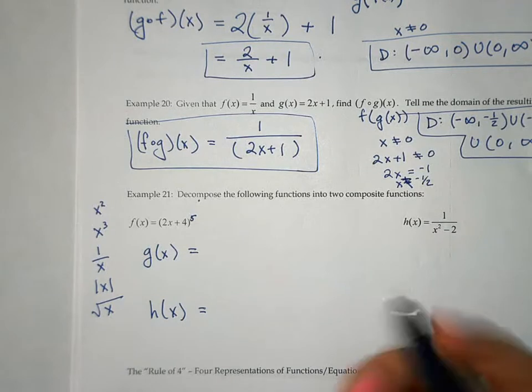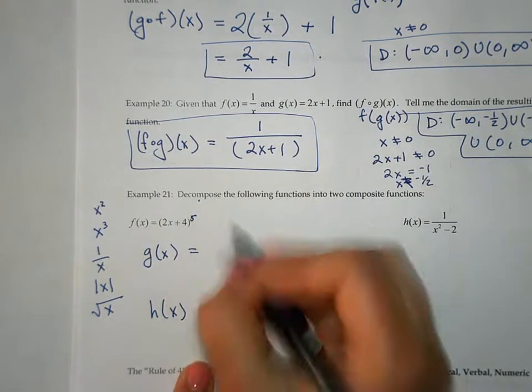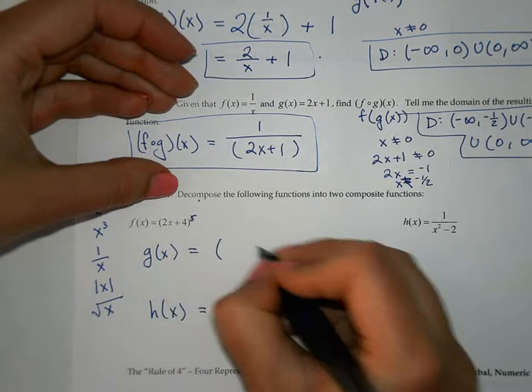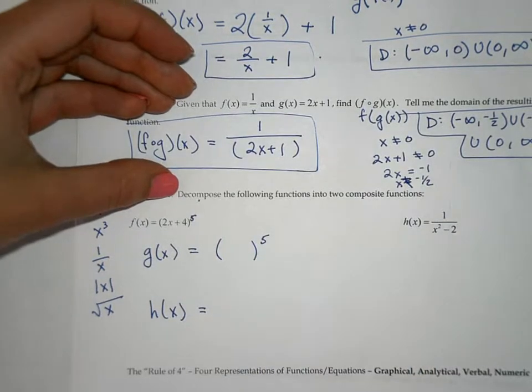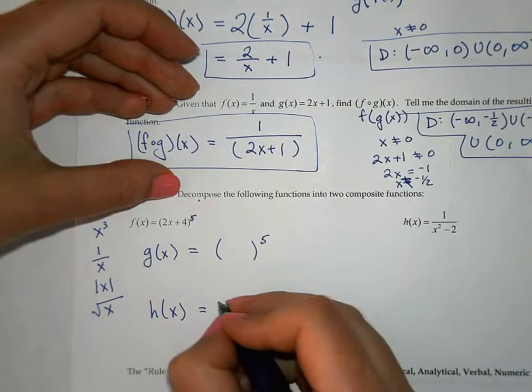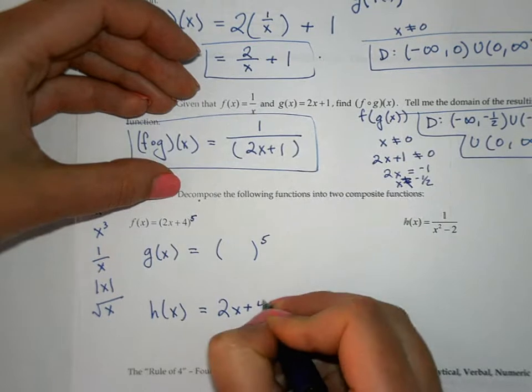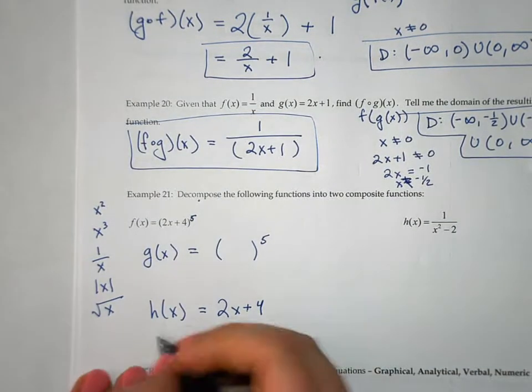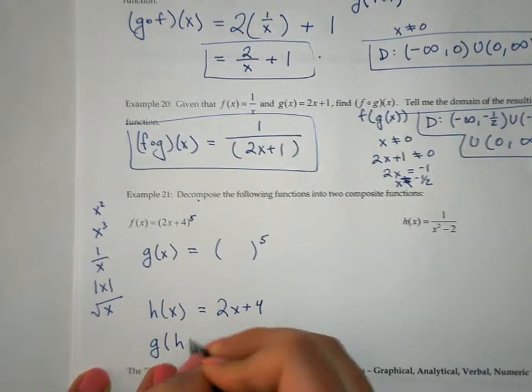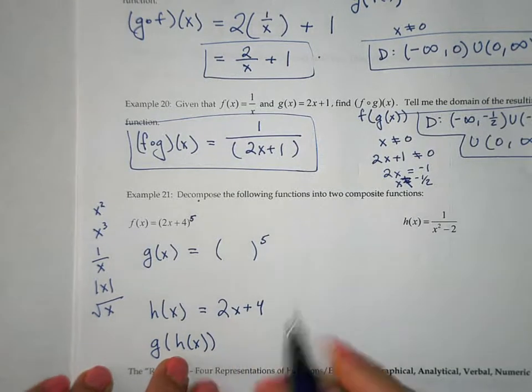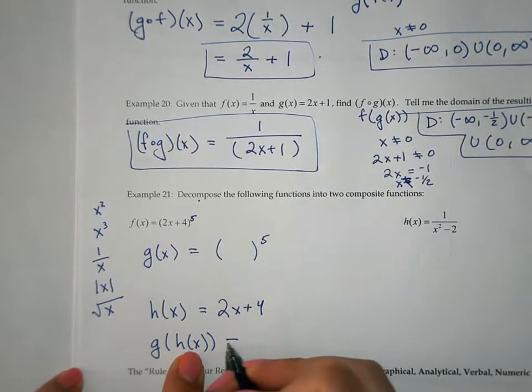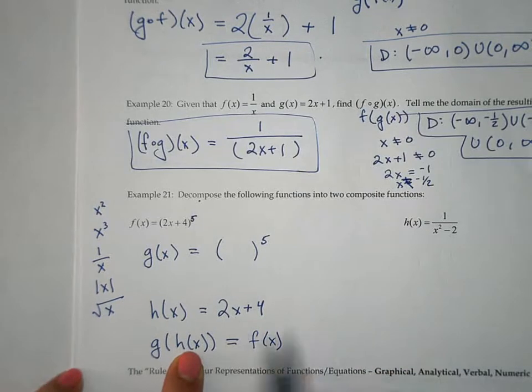Again, remember you can name a function anything you want. The main overall picture that I see is something raised to a fifth power. Inside that something raised to a fifth power, I see a 2x plus 4. So perhaps if I did a g of h of x here, the way I've written my functions, I should get that f of x up top if I put the h into the g.